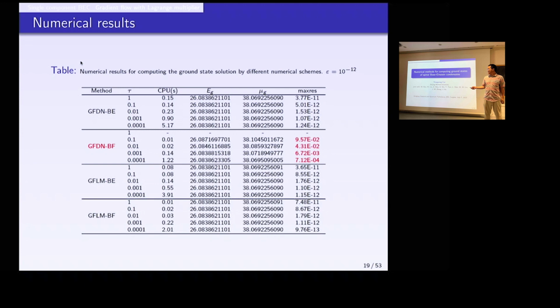If you describe the PDE in another way, you will see the error actually depends on the time step size. And if we add the Lagrangian multiplier, then no matter what numerical discretization we use, we always have very accurate solutions.